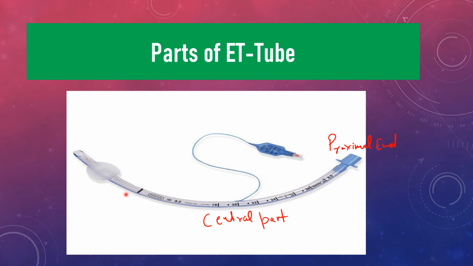Okay, the carina that divides the trachea into the primary left and right bronchus. So it should be 1 to 2 centimeter above the carina and 2 to 2.5 centimeter below the vocal cord. So this is the exact position of the ET tube cuff.